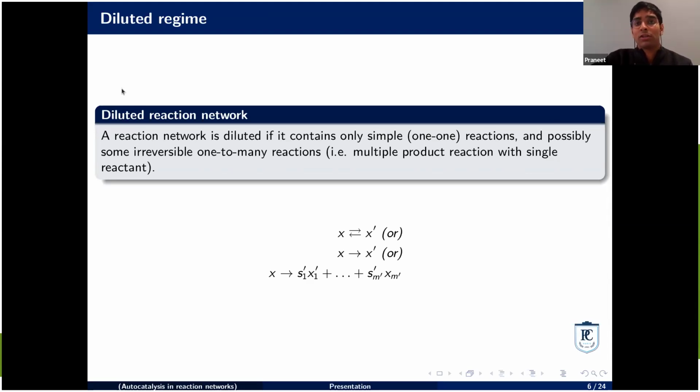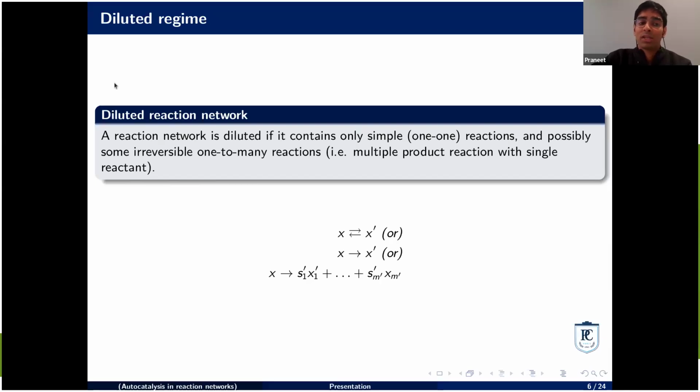So in the diluted regime, when everything is very small, autocatalysis can help certain species, certain systems, grow much more than the neighboring species and create a specific imbalance in the species, which is where the autocatalytic cycles and competition and these kinds of notions become important.